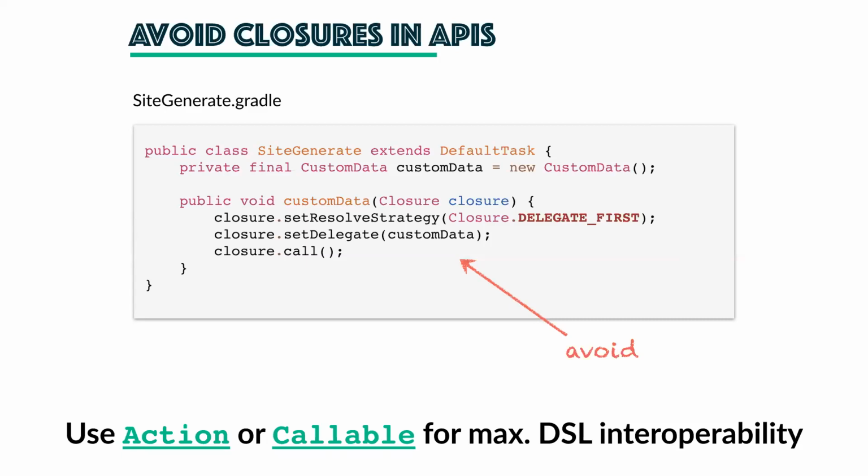Or if you wanted to go for the Java type, which is called callable, then you can make sure that your plugin can be configured from different DSLs that are being exposed or available in Gradle. That means we can use it from the Groovy DSL, but it should also be usable from the Kotlin DSL. So try to go back to other types than closures to make something nested.